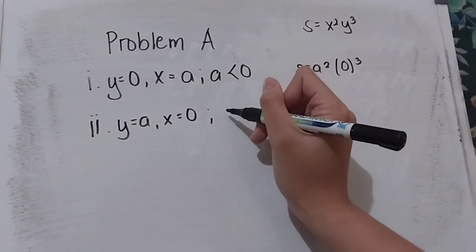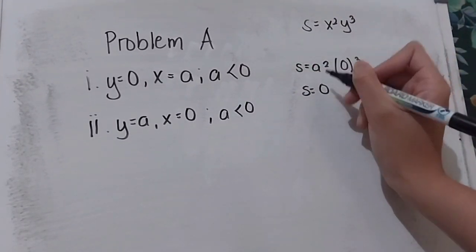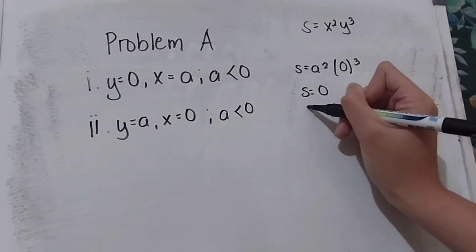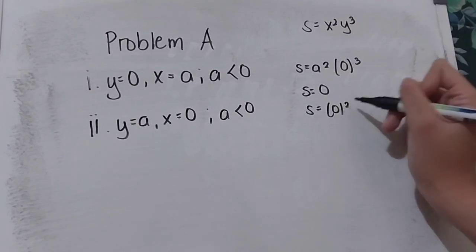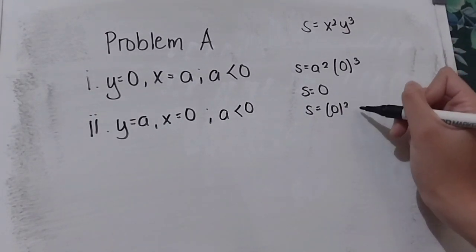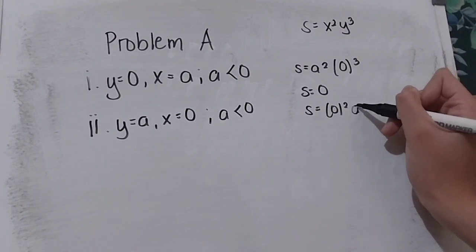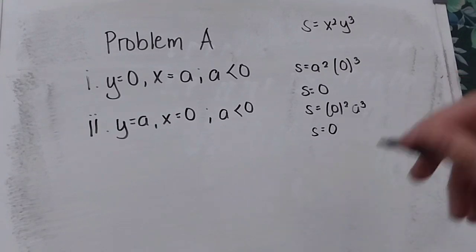Maximum if a is less than 0. So let's substitute it again to our equation. S is equal to 0 squared a cubed. So S is equal again to 0.